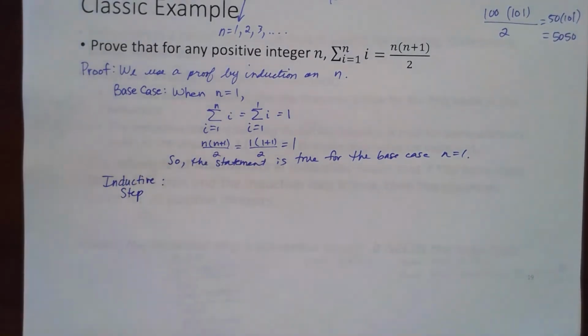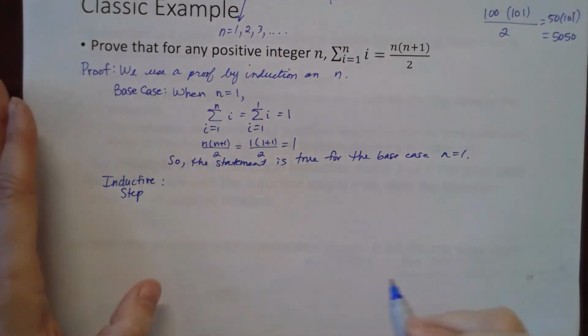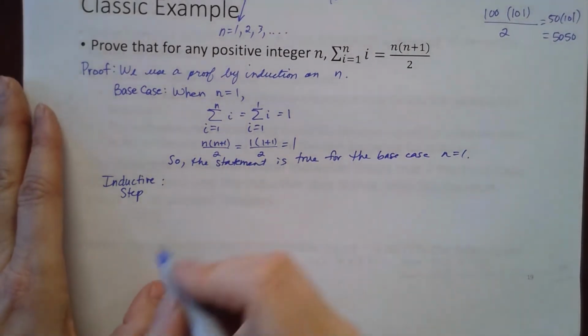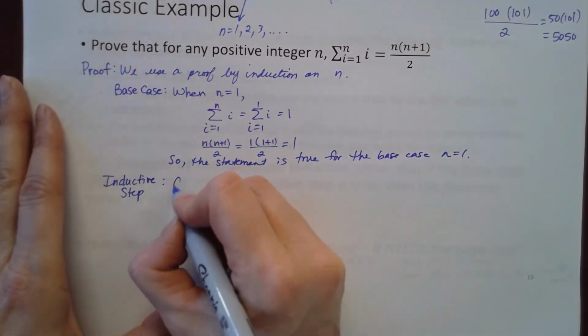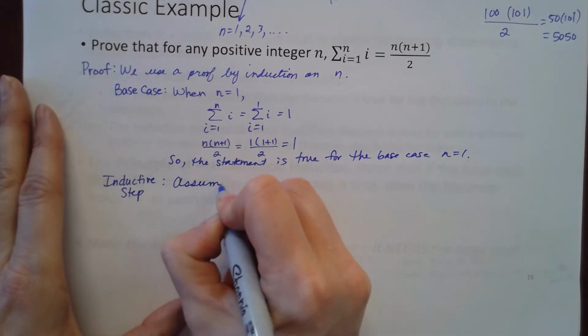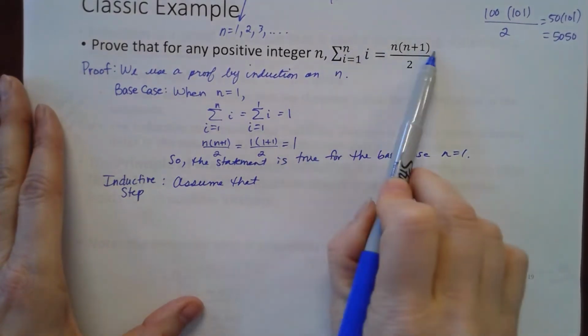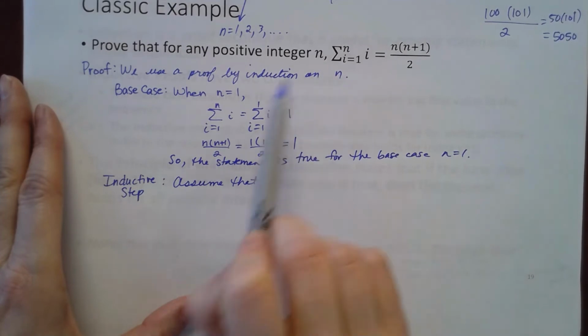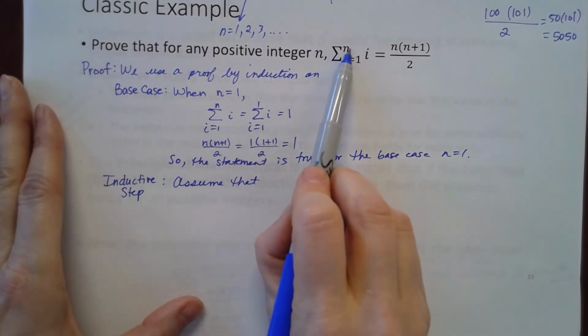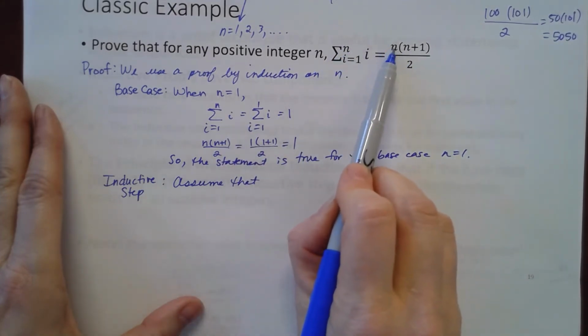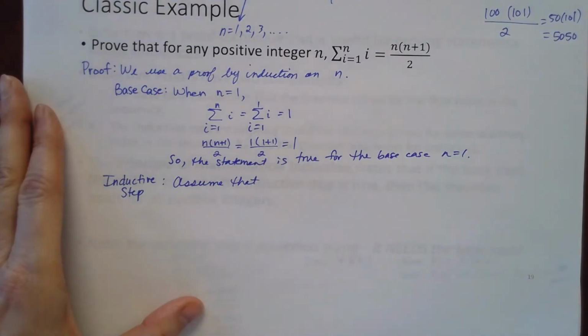The inductive step is this: if it's true for k, then it has to be true for k plus 1. So we assume that it's true for k. We go up here and see what we're trying to prove, and say, if n were k, let's replace all those with k and just assume that it's true there.